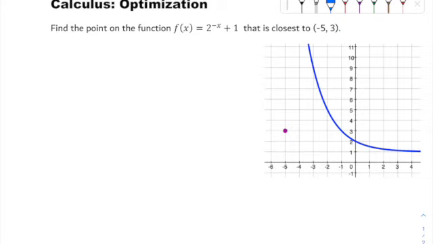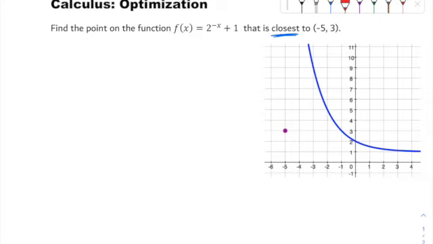So we're trying to find the point that is closest to negative 5, 3. It doesn't flat out tell you maximum volume, minimum area, minimum surface area, something like that. So just think about what that means. Closest means the minimum distance, right?